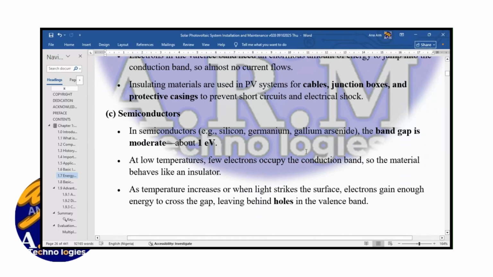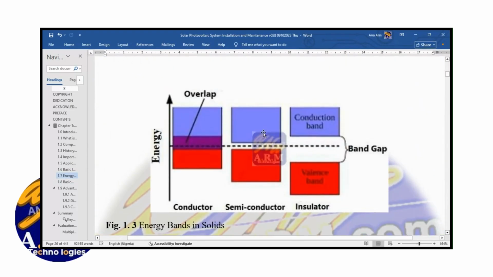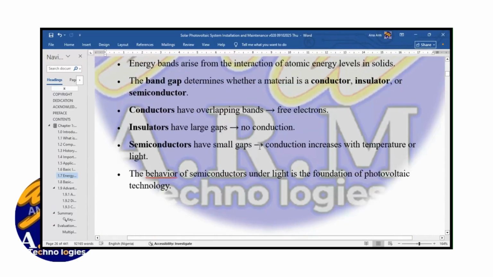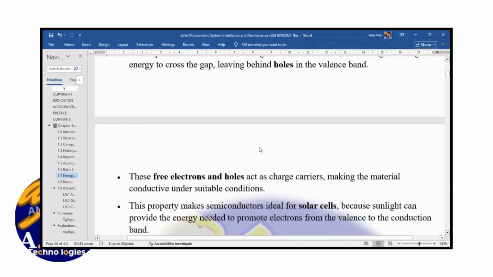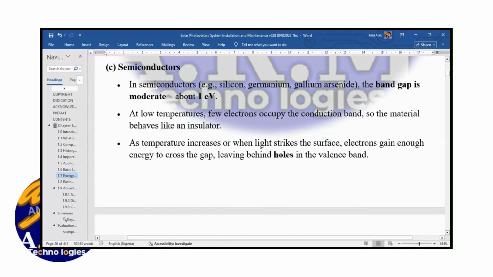Now, semiconductors. In semiconductors, e.g., silicon, germanium, gallium arsenide, the band gap is moderate, about 1 electron volt. Let me take you back to the diagram. This is what they are referring to. This is a semiconductor. You notice that the band gap is narrow. At low temperatures, few electrons occupy the conduction band, so the material behaves like an insulator.